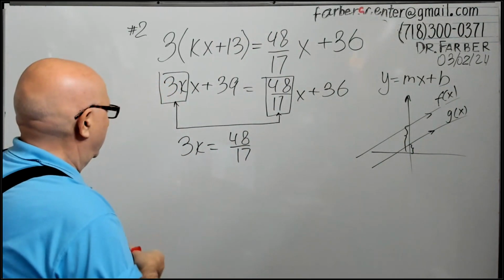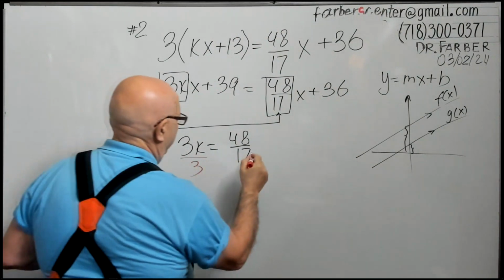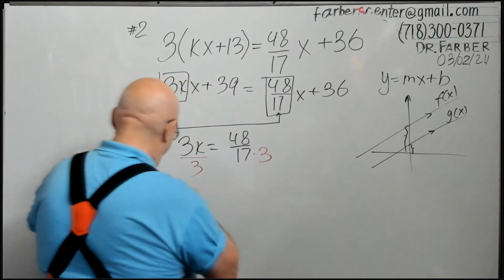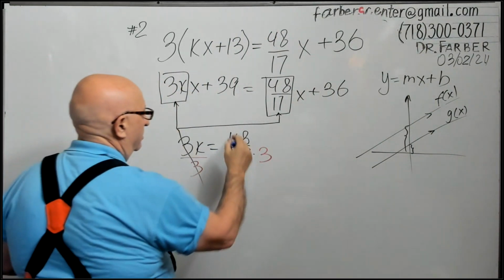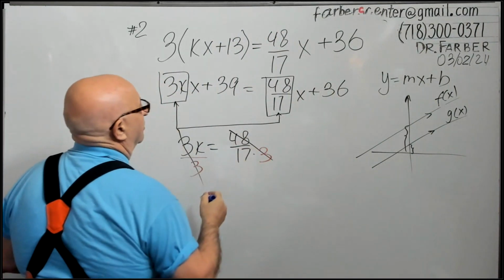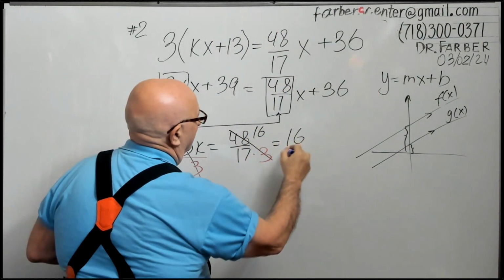In order to find k, I just divide both parts by 3. Cancel out. This would be what? 16. The answer is 16 over 17.